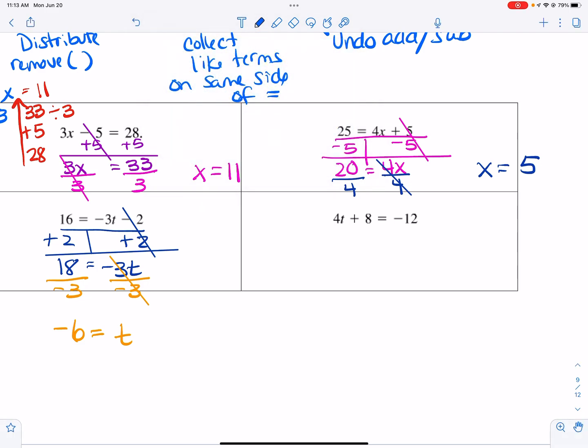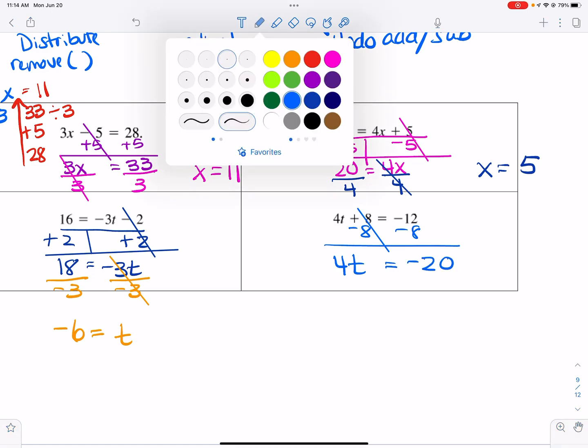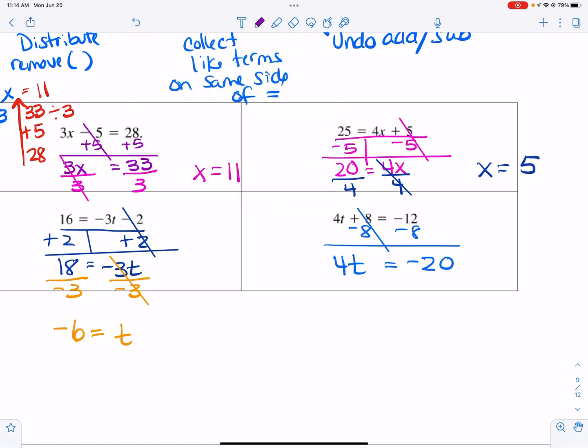All right, the next one, we are going to subtract 8. That goes to 0. 4t is equal to -20. We want to divide by the number in front of the variable, and that says t is -5.